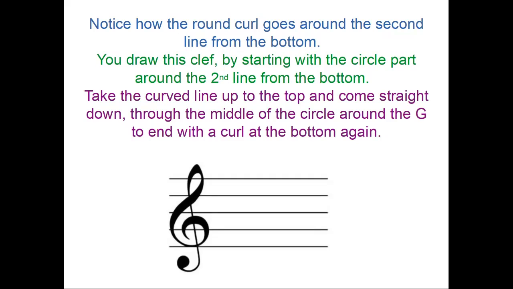Take the curved line up to the top and come straight down right through the middle of the circle around the G to end with a curl at the bottom again. You may want to practice writing the treble clef on some manuscript paper.